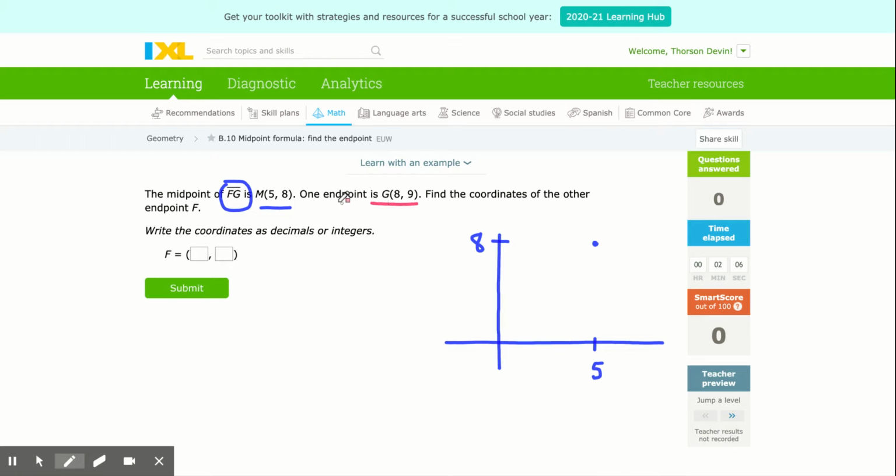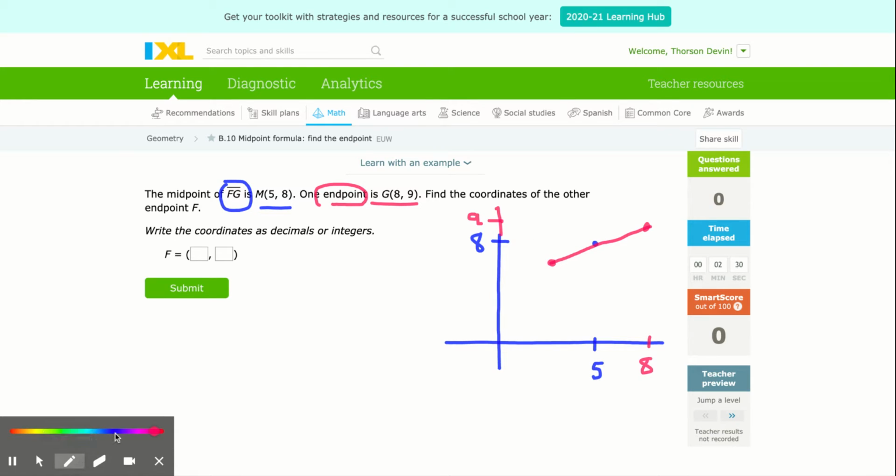The endpoint here is (8, 9). So I come out here 8 units, and I come up 9 units, and I graph that endpoint. So if that's the endpoint, I'm going to come this way through the midpoint, past it to the other endpoint, and it's asking us for that endpoint.